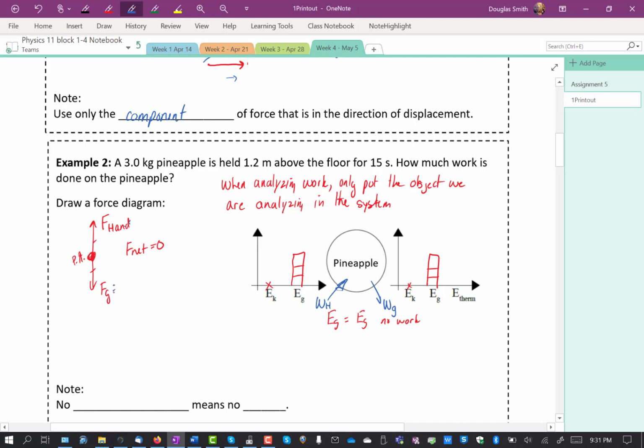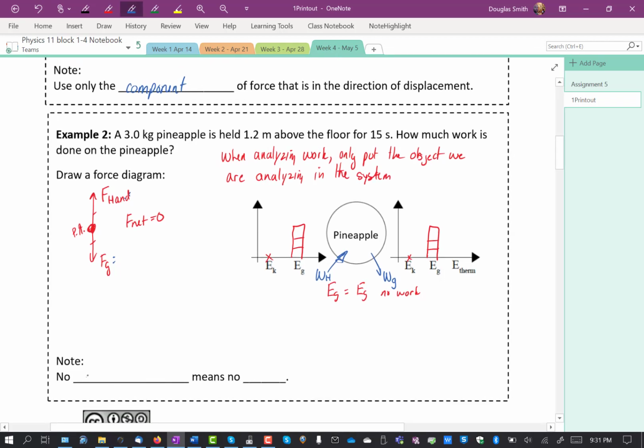The hand is doing some work, and the gravity is doing some work. In total, though, there's no work. In total, there's no net force, and there's no net work. So no displacement means no work. Okay. And also we have that equation, right? Work equals force times displacement. If this is 0, then work is 0.